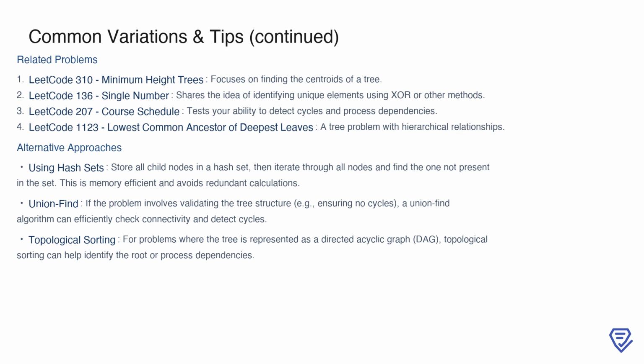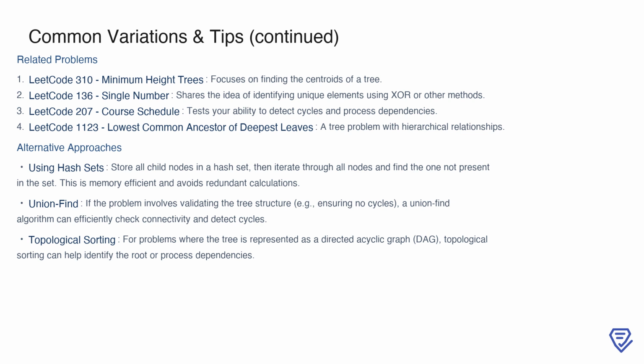Certain problems on LeetCode share similarities with finding the root of an N-Ary tree, and reviewing these can help solidify your understanding. For instance, LeetCode 310, Minimum Height Trees, focuses on identifying the centroids of a tree, which involves hierarchical relationships similar to finding a root. LeetCode 136, Single Number, introduces the concept of identifying unique elements, often using techniques like XOR that can be adapted for tree problems.